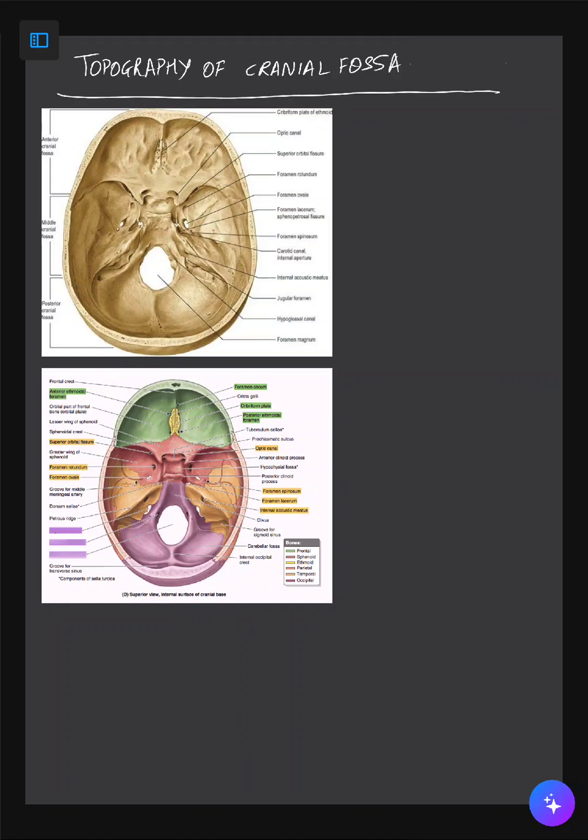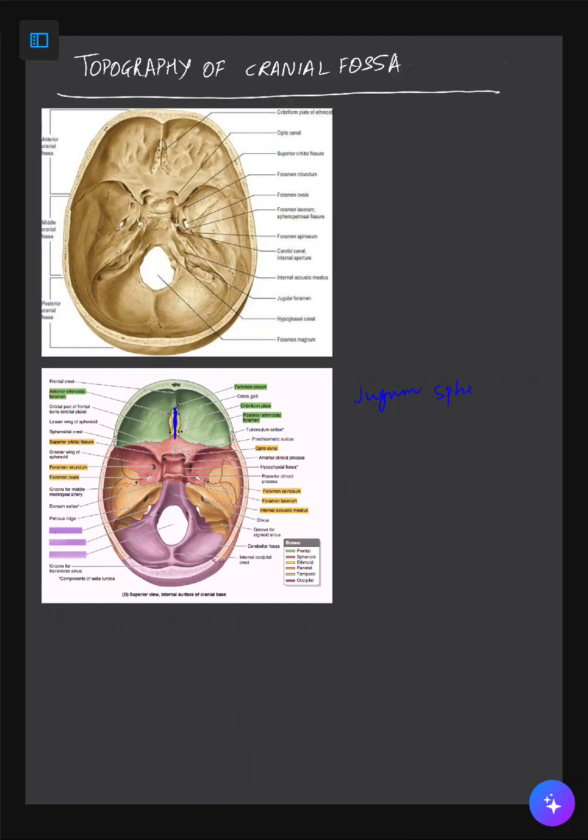Now what are the other features? The cribriform plate separates the anterior cranial fossa from the nasal cavity. The jugum sphenoidale separates the anterior cranial fossa from the sphenoidal sinus.